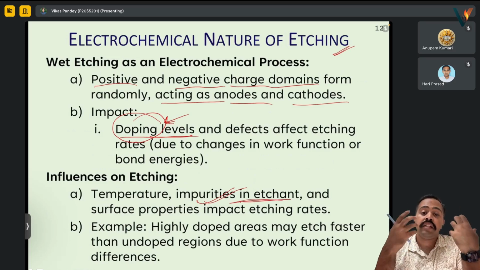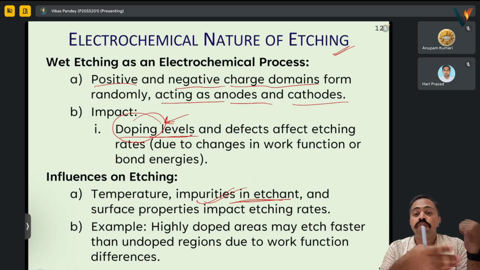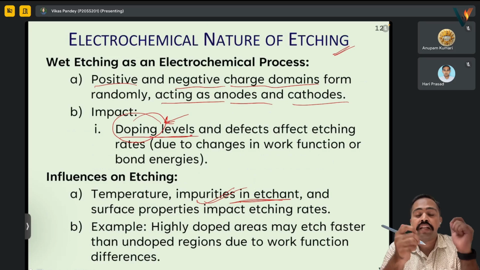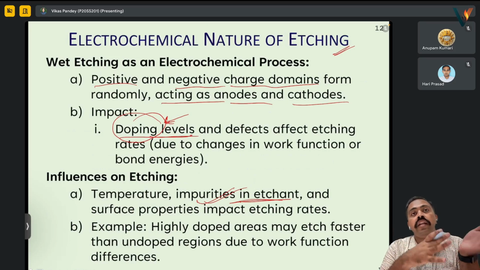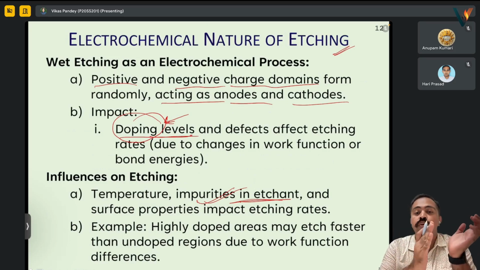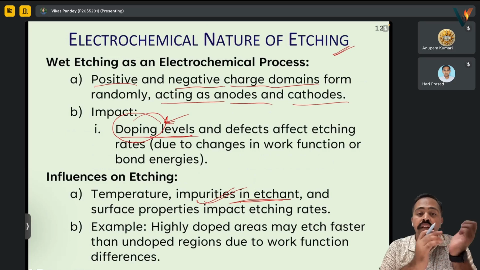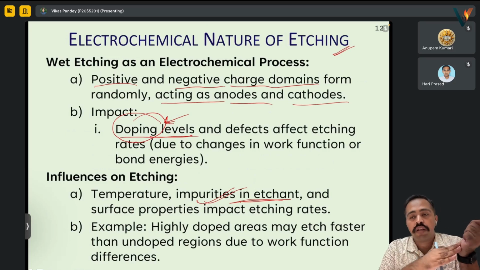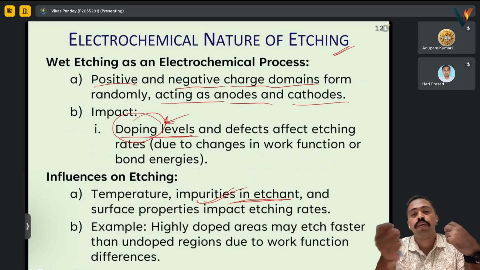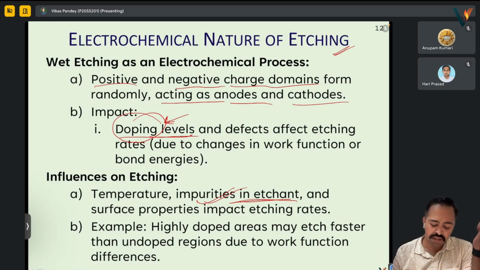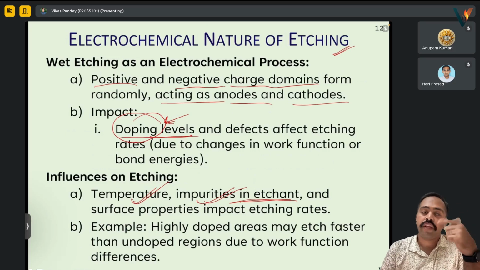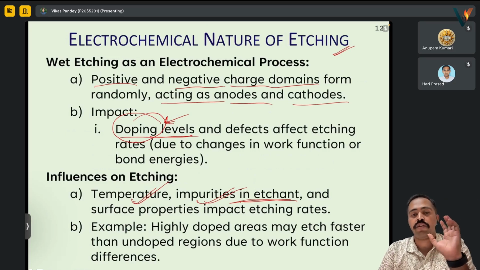Second, the impurity in the etchant will also start playing a role, and that is why it will also impact our etching rate. That's why when we are taking the etchant, it must be pure and clean from impurities, as well as, since it is electrochemical, the flow of charges is affected by temperature. So temperature will again affect this aspect of the etching process also.